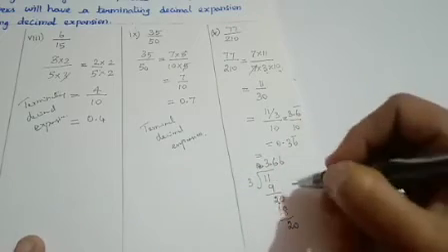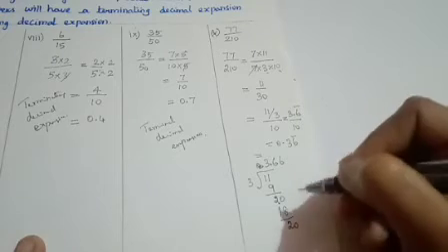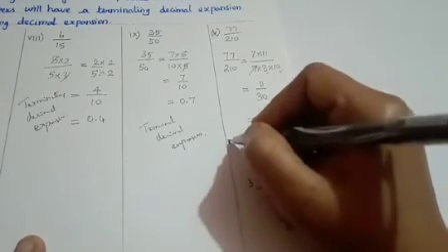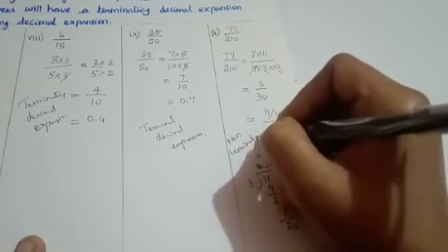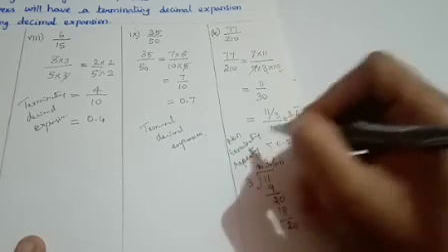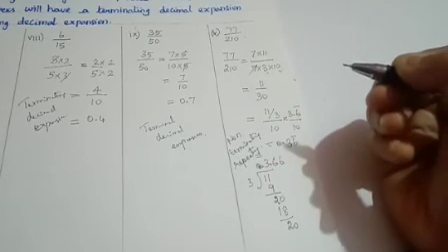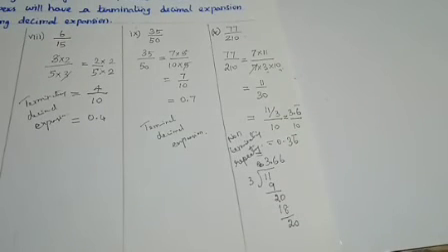So this is a non-terminating repeating decimal expansion. This is the answer for subparts 6 to 10.